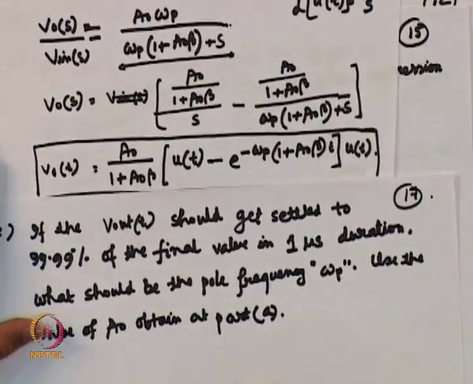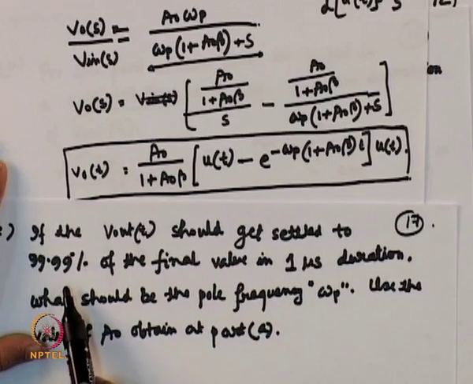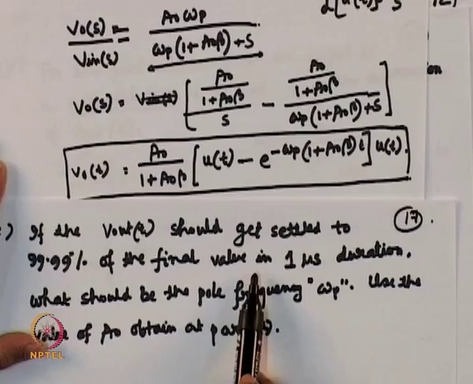is that the Vout that we have found in our previous expression should get settled to 99.99% of the final value in 1 microsecond.